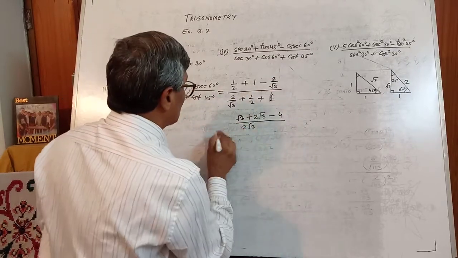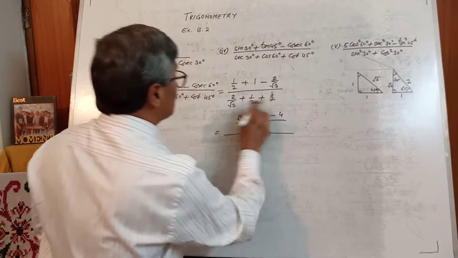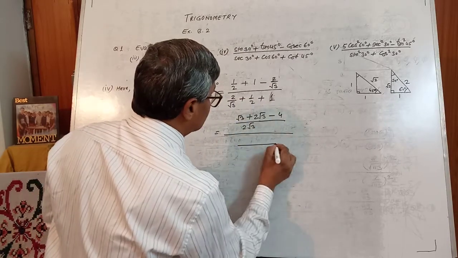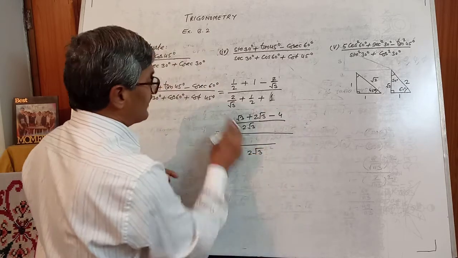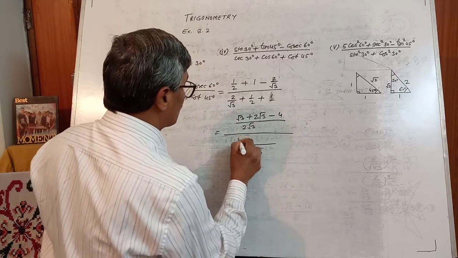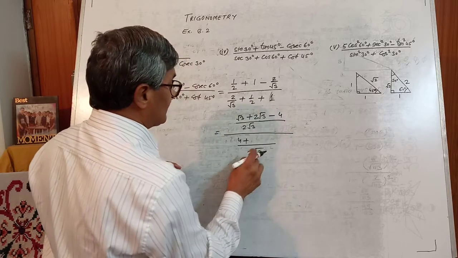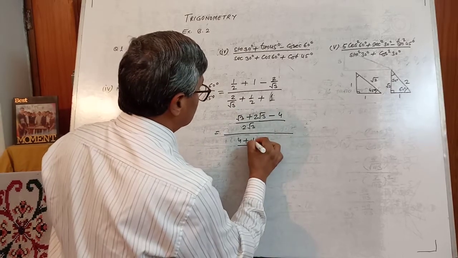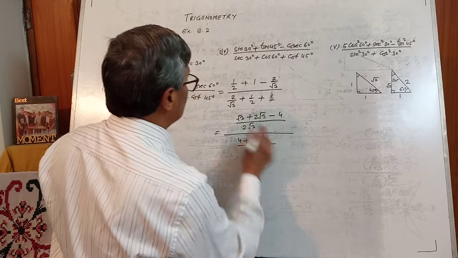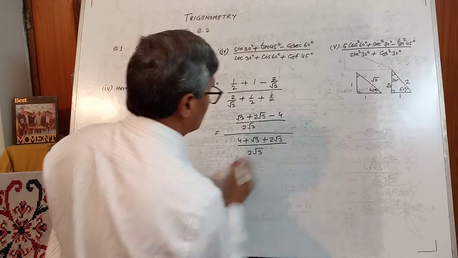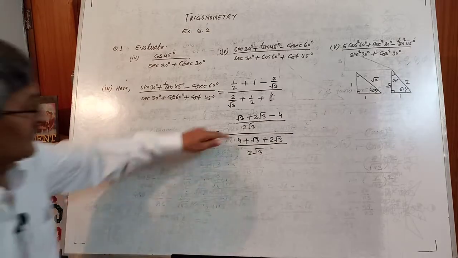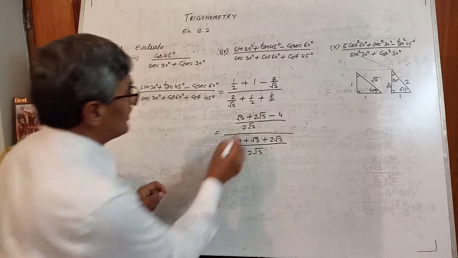Same way, here also you can take LCM 2 root 3, divide by this, then you get 4, plus 2 root 3. We are getting 2 root 3 here, and 2 root 3 and 2 root 3 will be cancelled.